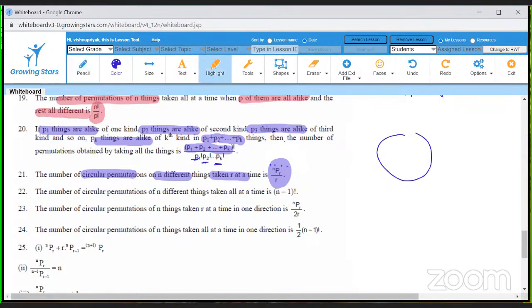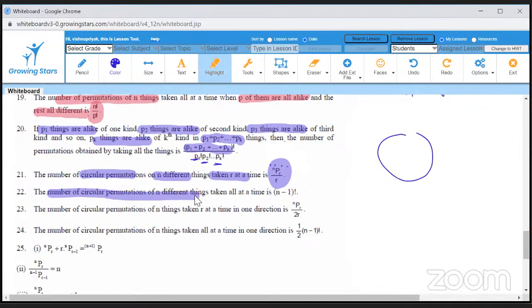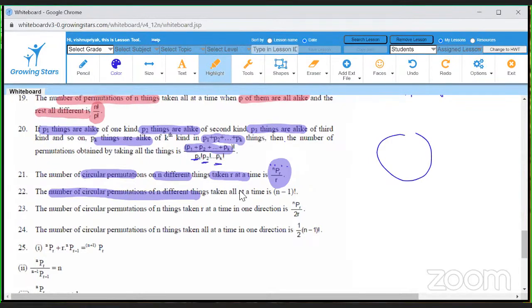Next, the number of circular permutations of n things taking all is n minus 1 factorial.